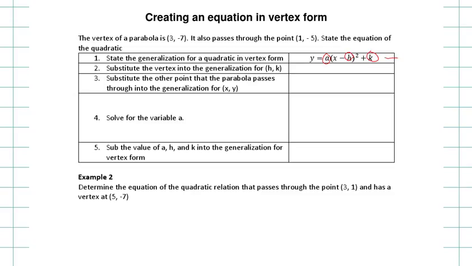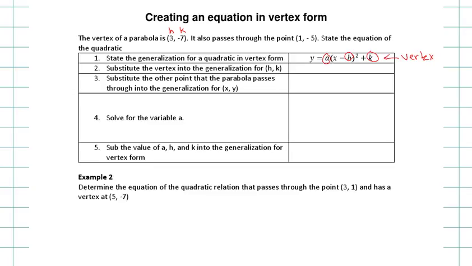Remember that this form, y equals a bracket x minus h bracket squared plus k, is the vertex form. So the vertex form tells me what my vertex is, and the vertex is h and k. Do you guys remember that? So basically, this is h and this is k. All I have to do for the first part is replace the h and k values in my equation, and I'm already done with 2 of the 3 letters.